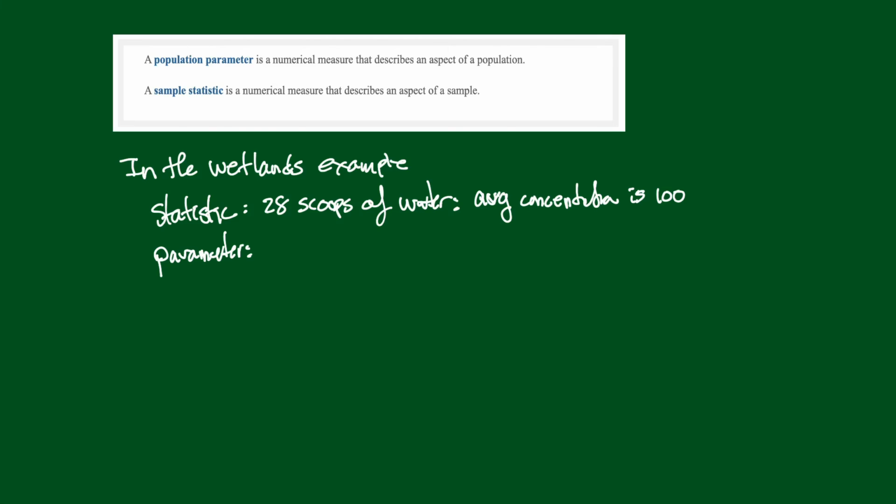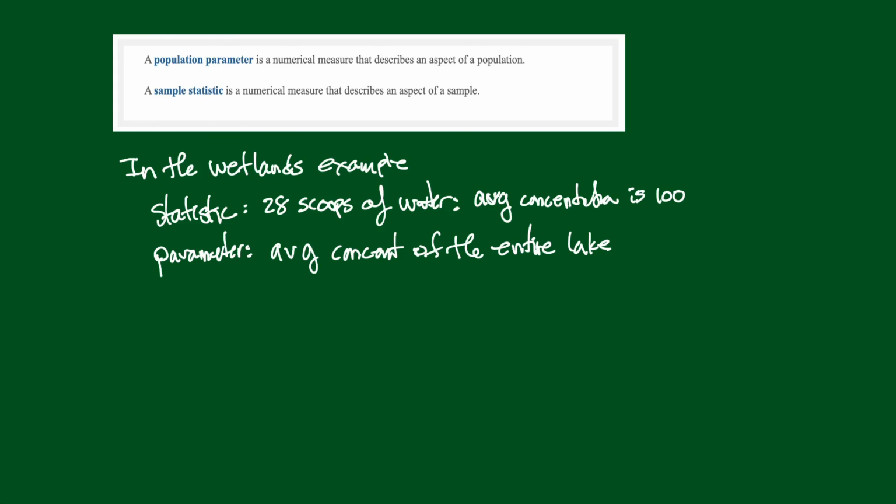Now, if we could get all the scoops of water out of this lake, that's a huge number. But that's going to be some number here. So this is going to be the average concentration of the entire lake. Now we don't know what that is, but here's what we do with statistics. We will take the average in our sample, and we'll make a guess.